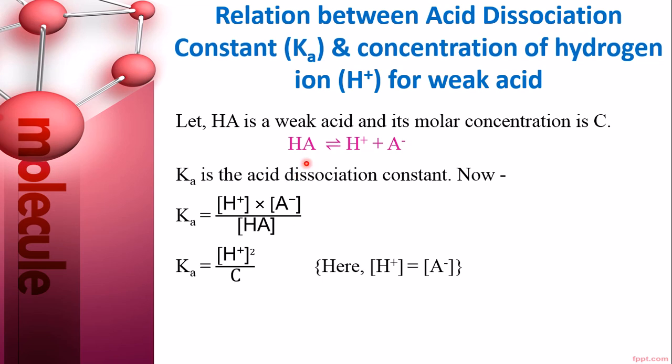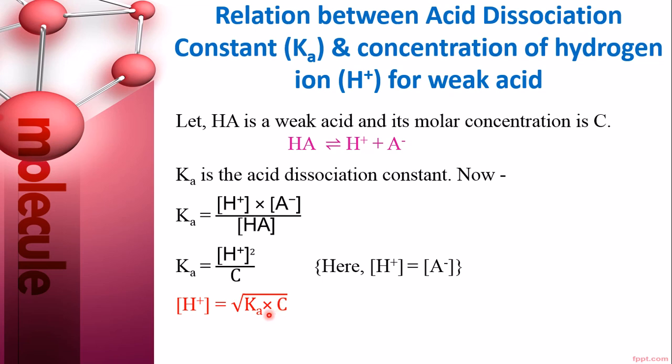I have told you before that it is a monoprotic acid, so it gives equal amounts of hydrogen ion and anion. That means instead of the A minus anion, we can write hydrogen ion here. So the equation becomes Ka equals hydrogen ion squared divided by C. From there, hydrogen ion equals root over Ka into C. This is another equation: the concentration of hydrogen ion equals root over the acid dissociation constant into the molar concentration of the acid.